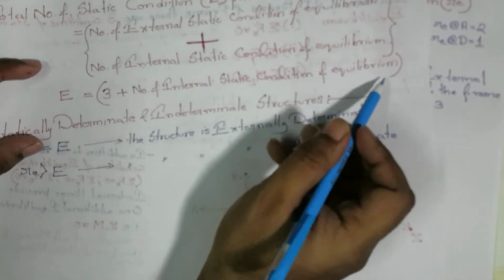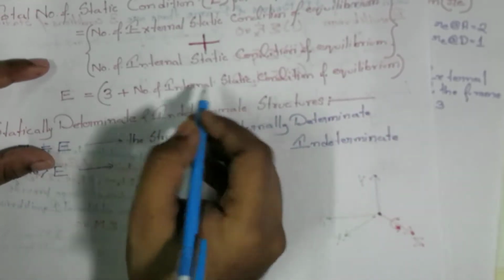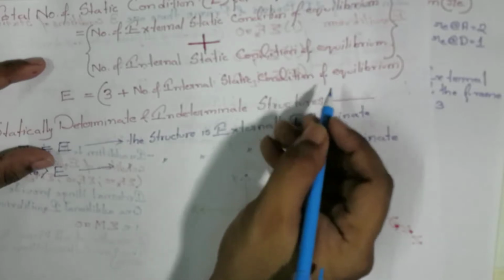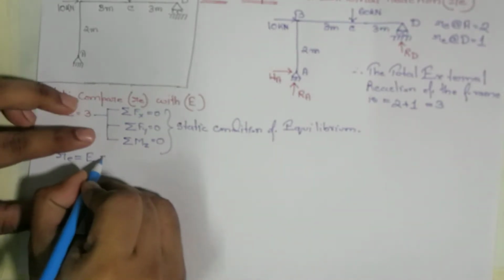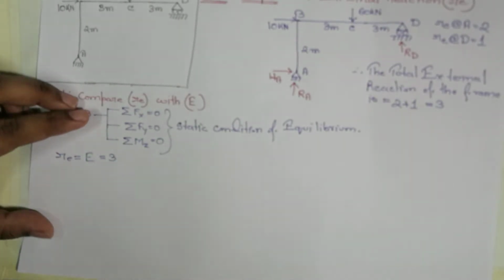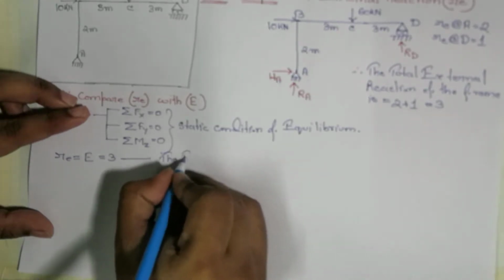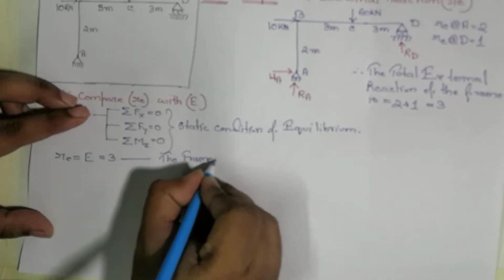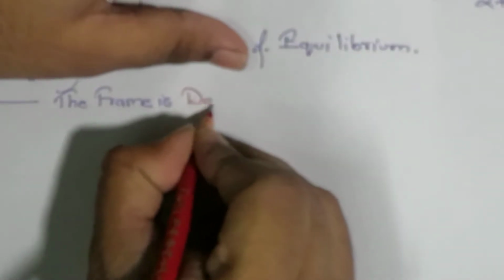Now since there is no internal static condition of equilibrium, that is, there is no internal hinge present, we do not need to concern ourselves with that. So RE will be 3 for this particular frame system. We can say that the frame is determinate.